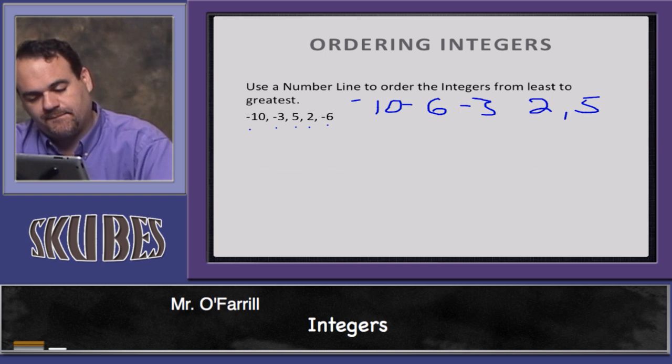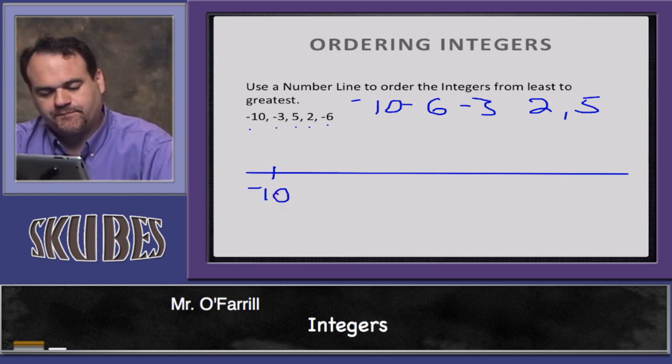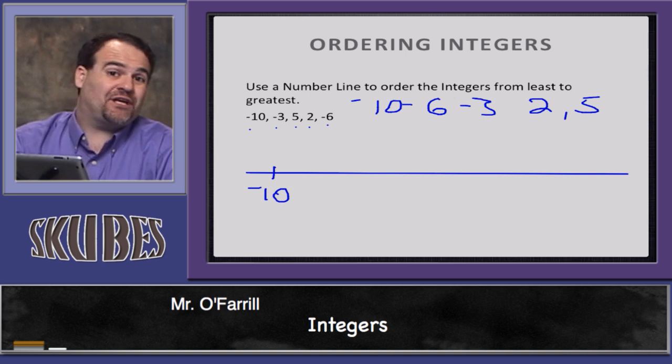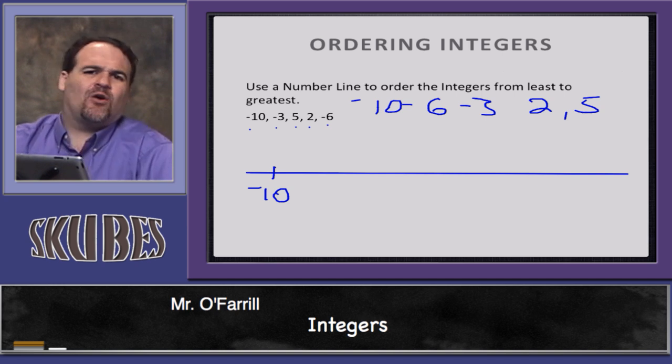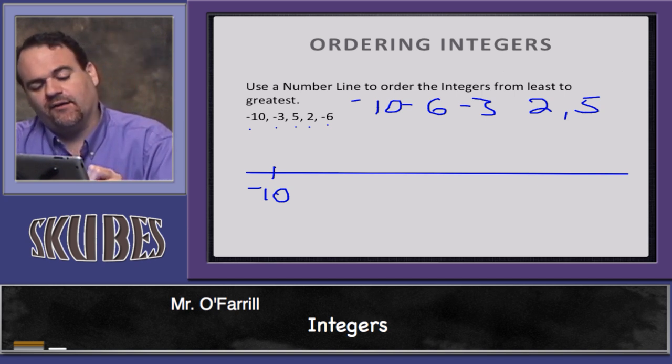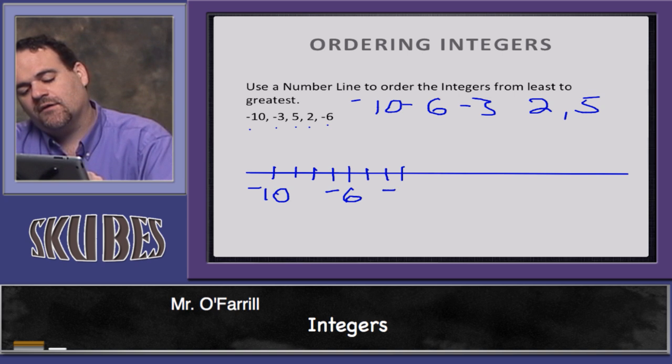So here comes our number line. And let's just start on the far left at negative 10. I could cheat right now and just put a negative 6 and a negative 3 and a 2 and a 5, but there's not a whole lot of space between these numbers, so let's just go ahead and count them all out. So that's negative 9, negative 8, negative 7, here's negative 6, here's negative 5, negative 4, negative 3, negative 2, negative 1, 0.